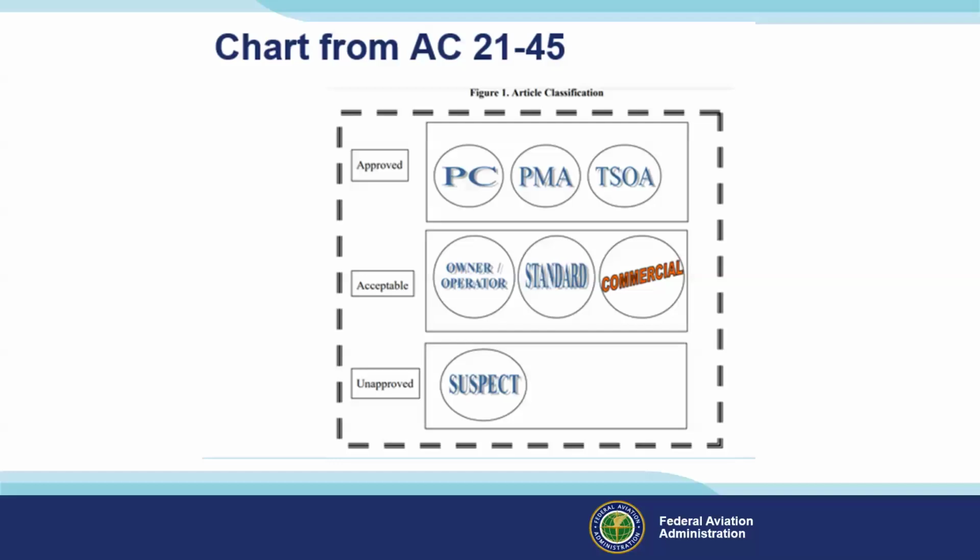And it shows acceptable parts are owner-operator produced parts, standard parts. Remember the AN, MS, nuts and bolts, and so forth. And then the commercial parts. Remember, those are on a commercial parts list by the production approval holder. And then we have unapproved parts or suspected unapproved parts.